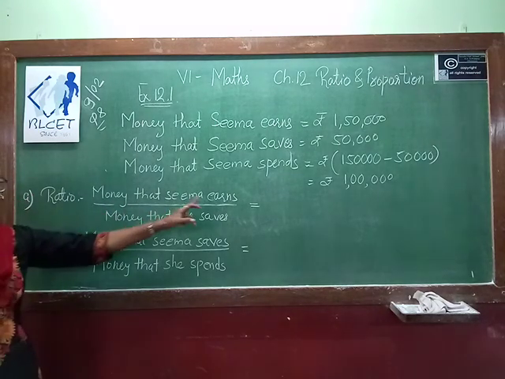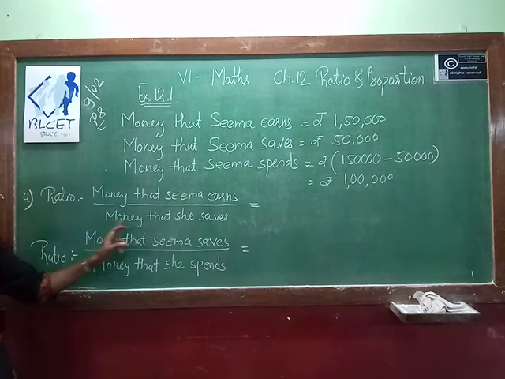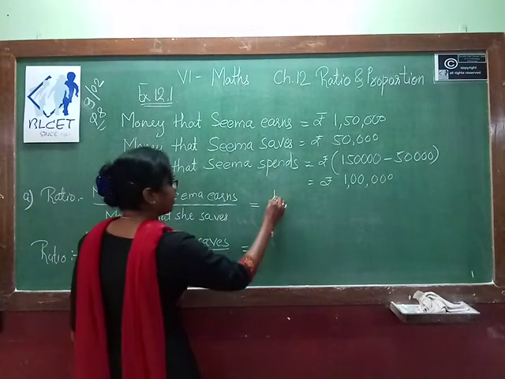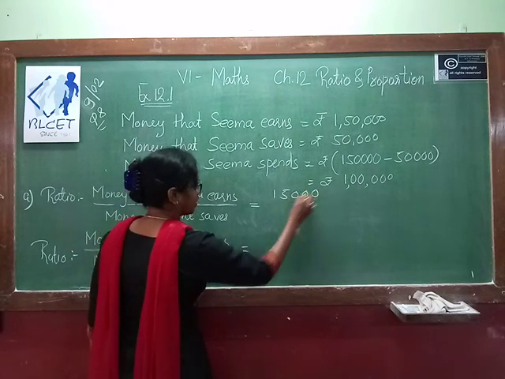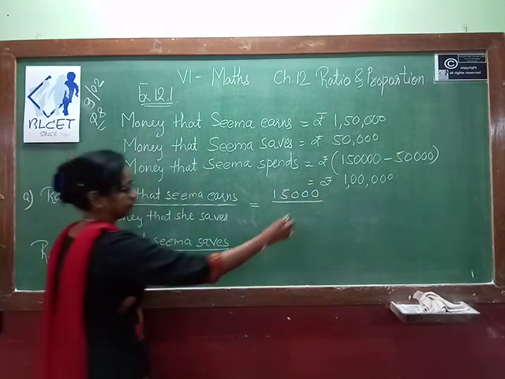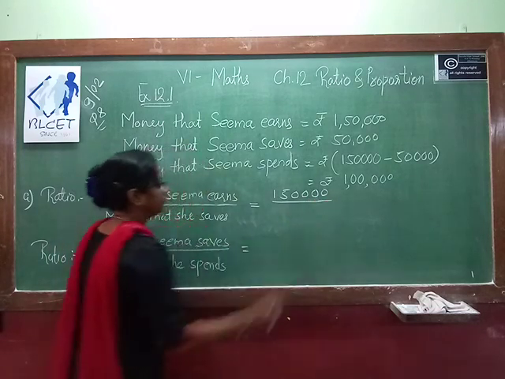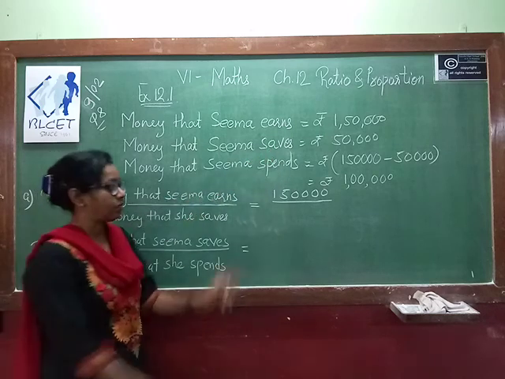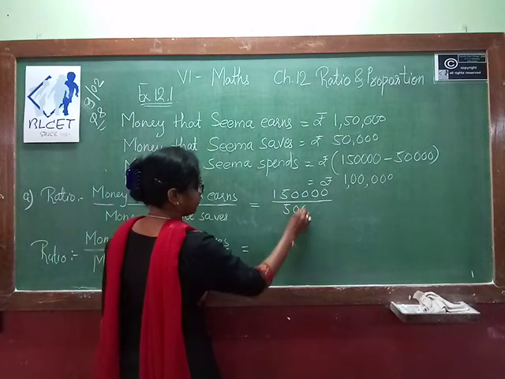Now our first part A, what is the ratio we want to find? Money that Seema earns to money that she saves. So earning amount is 1,50,000 divided by the money that she saves, so saving amount is 50,000.